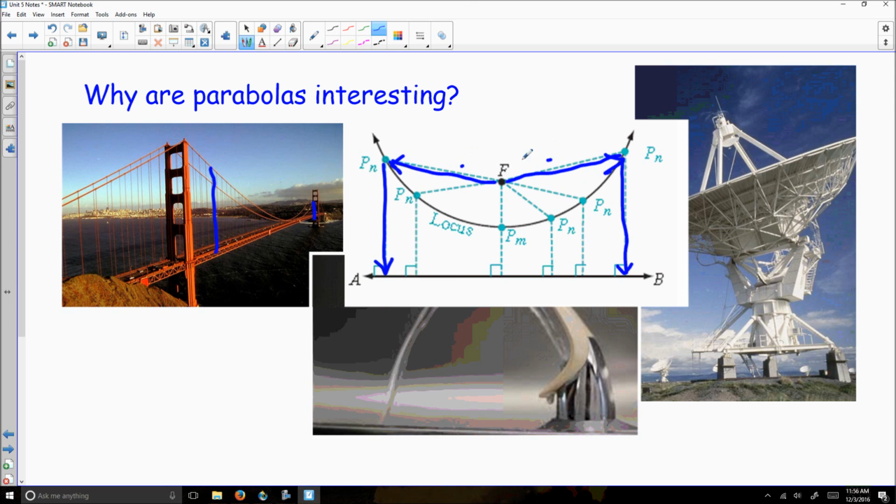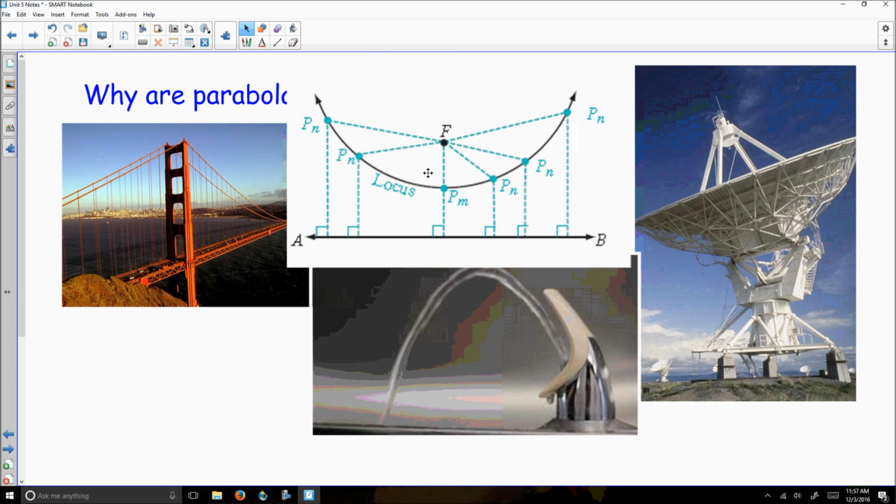So these two opposing weights balance each other out so that a suspension bridge can end up holding very heavy objects.